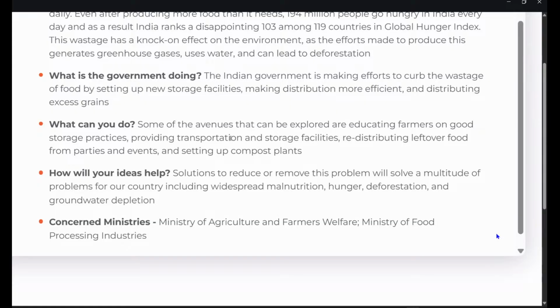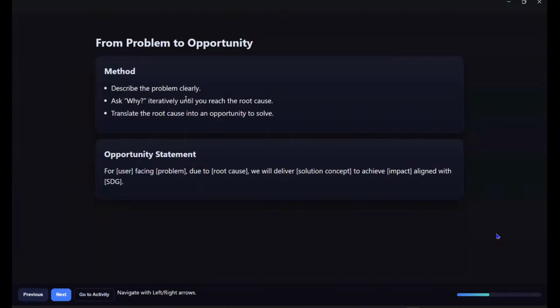If I want to solve this particular problem, we need to write it down as clearly and specifically as possible. When we describe the problem very clearly, 90% of the problem will be solved.